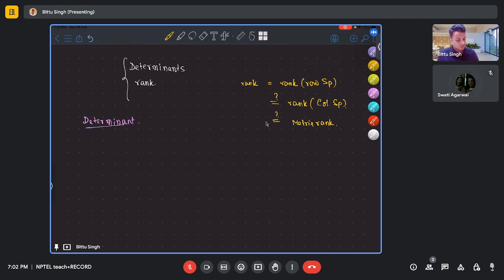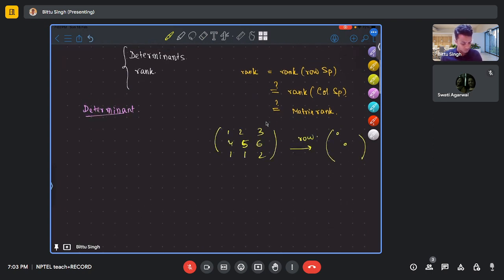It is the same because when you are doing row operations, I can give the idea. Take any matrix: 1, 2, 3, 4, 5, 6, 1, 1, 2. Suppose this is a matrix. When you do row operations, you can see the number of non-zero rows in row echelon form and the number of columns in which pivot elements are.